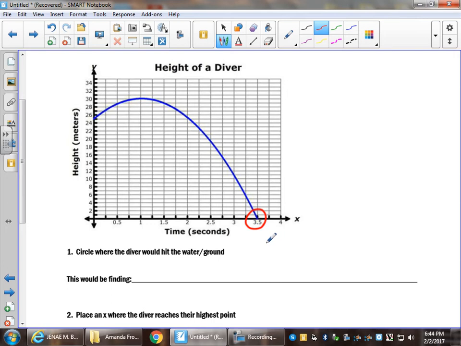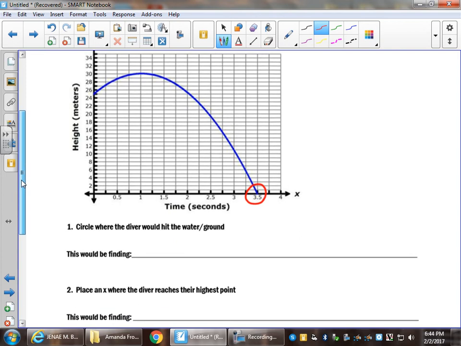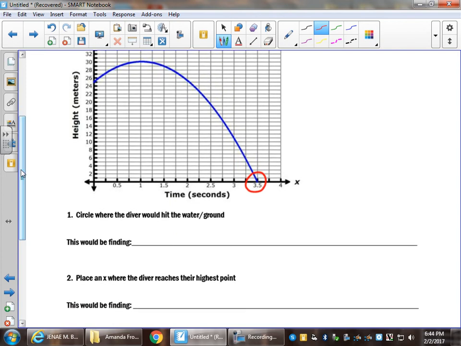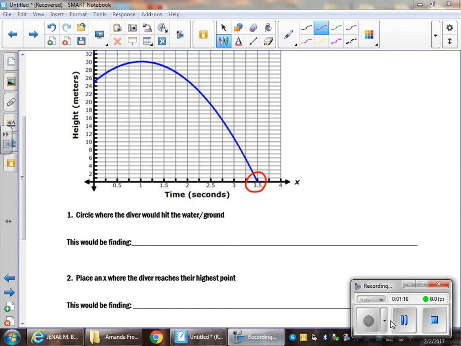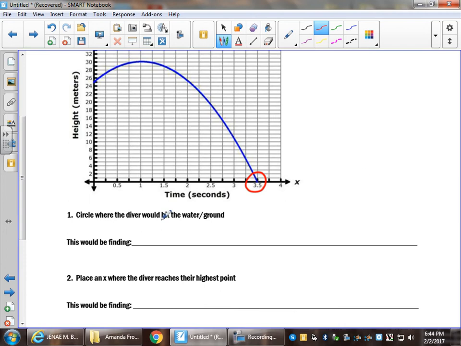So we've successfully circled where the diver hits the water or the ground, and now this would be finding the x values when y equals 0, because again, 0 represented the height.